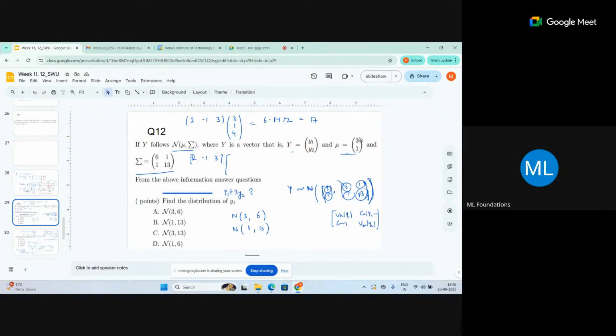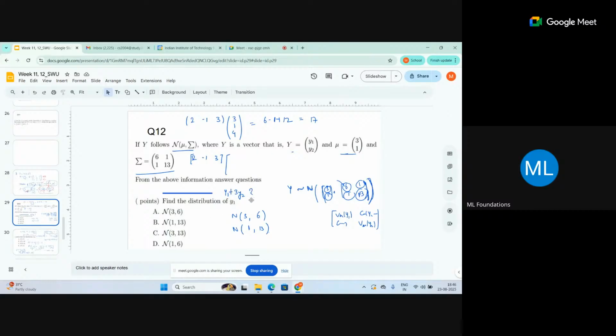Mu will be 3, and the variance will be 6. So option A will be the correct option. Correct, right? Yes. Okay, what about the distribution of y2? It is again 1 and 13.